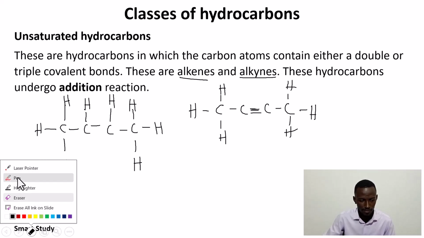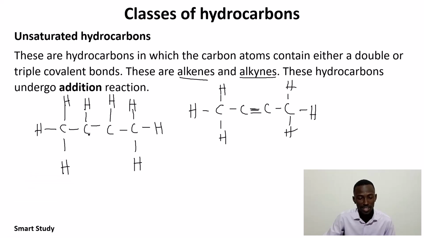So we have the pen. The one bond that has been broken there now becomes this. So we've added more hydrogen. So realize that the addition reaction has changed this alkene into an alkane. That's basically what it is. It has changed the alkene into an alkane. So this is an addition reaction.